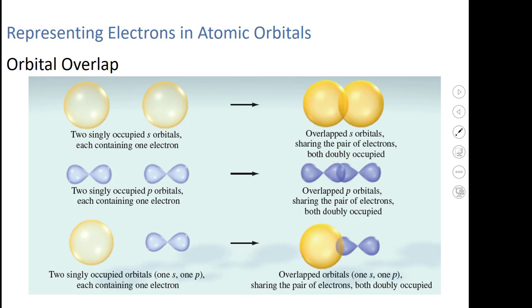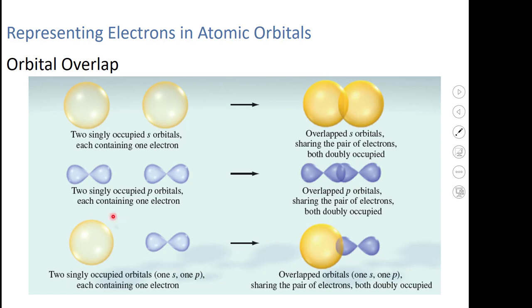Now notice that once they overlap, they go from being transparent, meaning there's 1 electron, to opaque, meaning there's 2 electrons, because now the 2 electrons involved in the bond have access to not just the overlapped area, but actually to the whole p orbitals on both atoms. They now have access to that entire area.